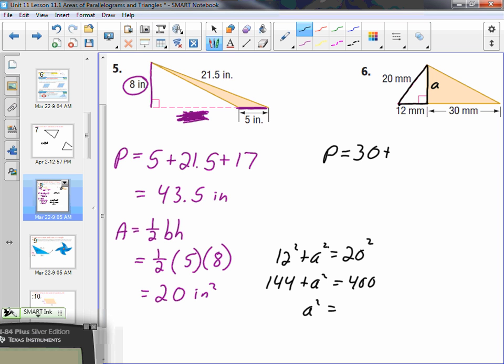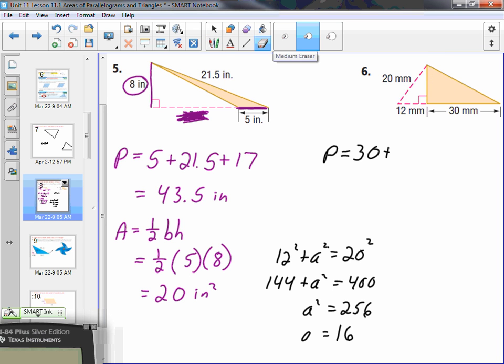What's 400 minus 144? And then what's the square root of 256? All right, so I've got that side. So now I know that one's 16. So plus 16 plus, and I'm still missing one more side before I can get the perimeter.